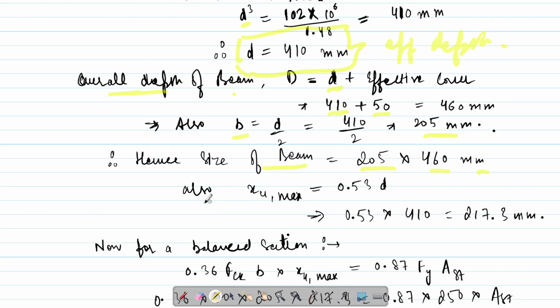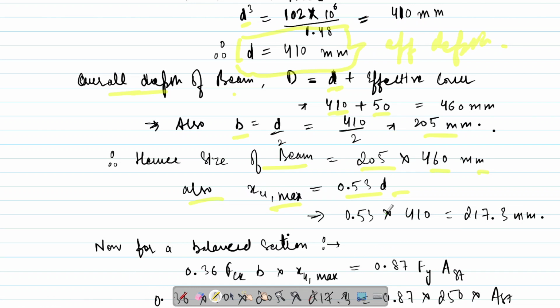Now we can also calculate the xu max value, which is 0.53 d. Here d is 410, and we'll directly put the value in this formula. 0.53 into 410 is equal to 217.3.